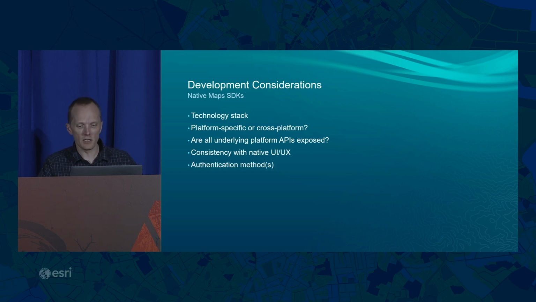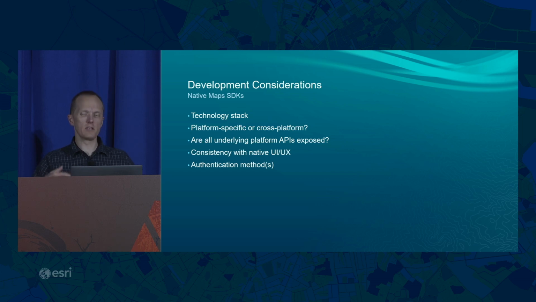What about authentication? One of my strongest pieces of advice is identify which authentication methods you need to use and support early on, and then ensure that those are available in the environment that you're targeting, the operating system, the platform that you're targeting, and the SDK.